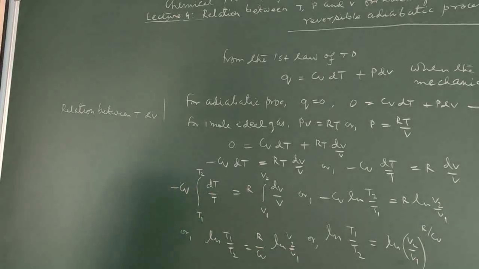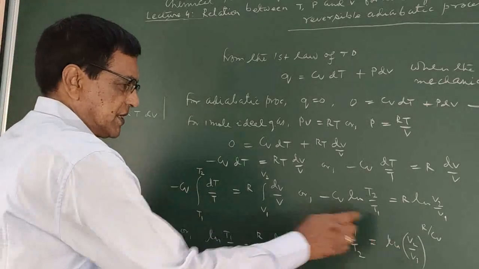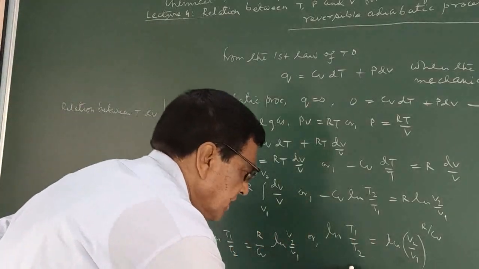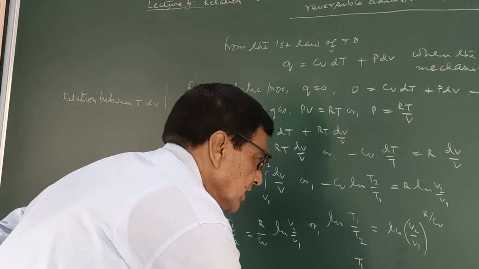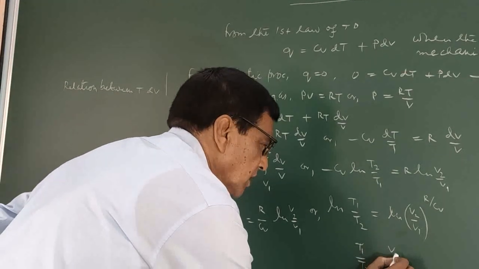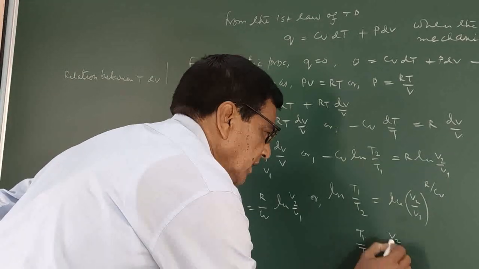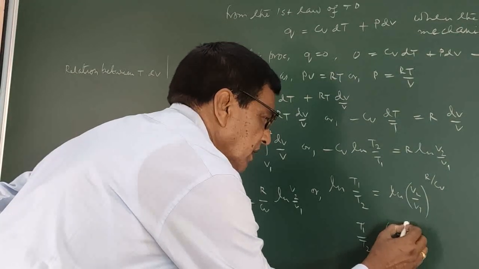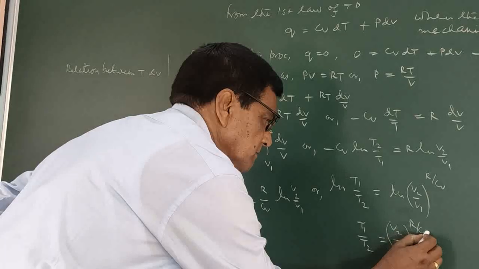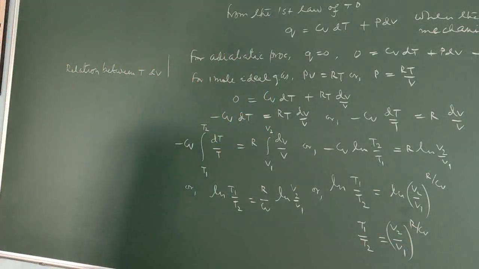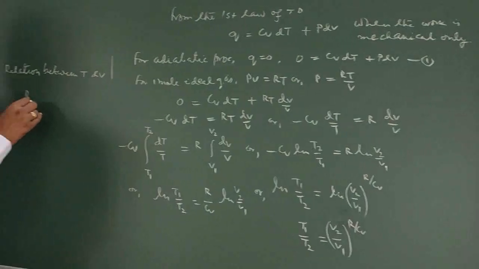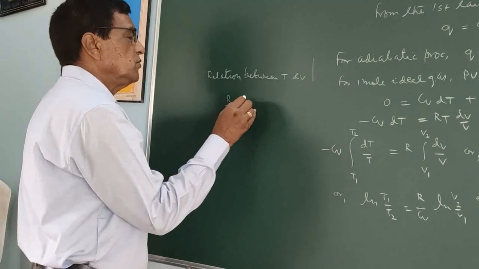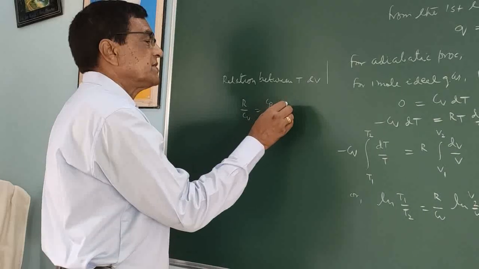So eliminating the ln terms from both sides, we have the relation T1 by T2 is equal to V2 by V1 to the power R by Cv. However, this R we can write as Cp minus Cv.